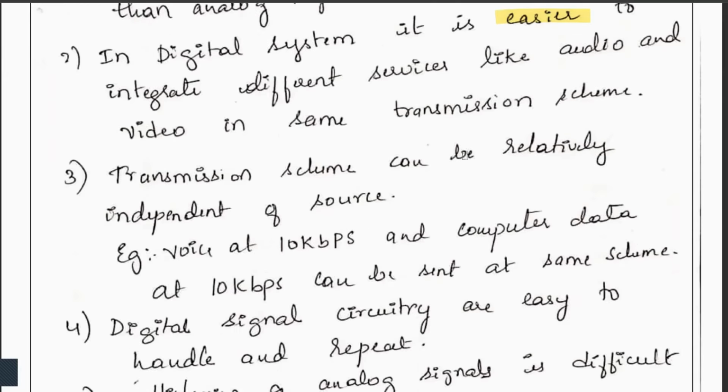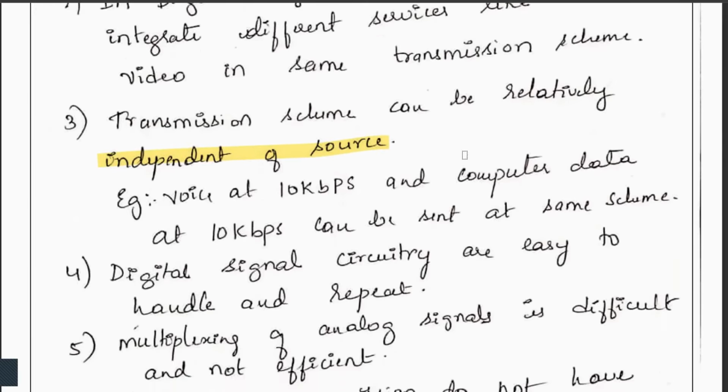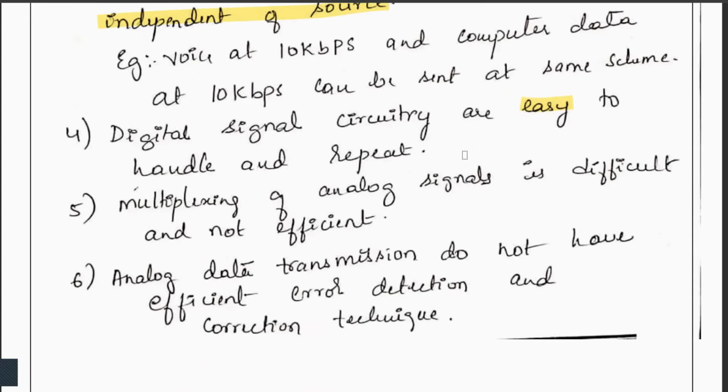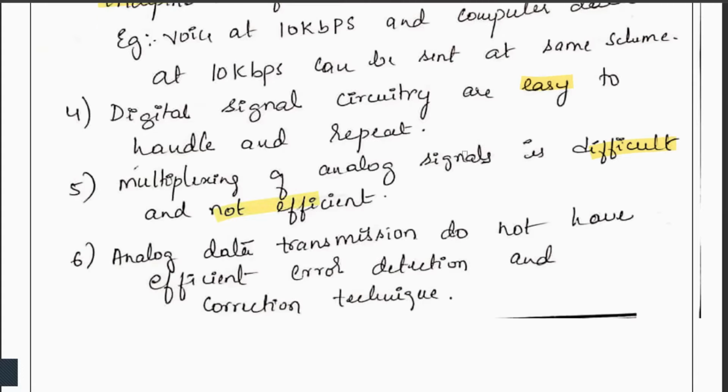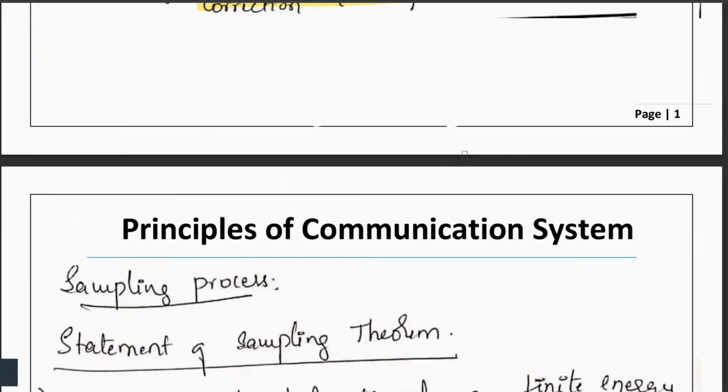The transmission scheme can be relatively independent of the source, so voice at 10 kbps and computer data at 10 kbps can be sent with the same scheme. Next, digital signal circuitry is easy to handle and repeat. Multiplexing of analog signals is difficult and not efficient. Analog data transmission has no efficient error detection and no correction technique. So this you can write.